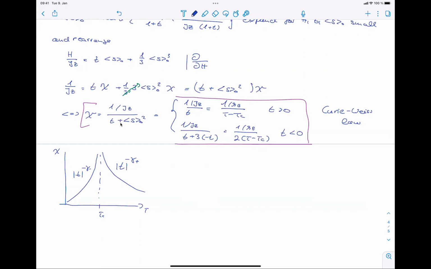Like, in principle, a priori, we could have gamma minus unequal gamma plus, but here we do find that they are in fact the same. In practice, gamma minus is equal to gamma plus, and that's a 1. Another critical exponent.